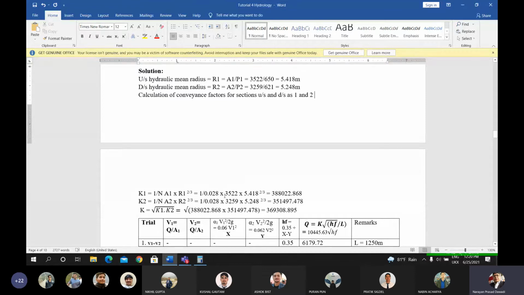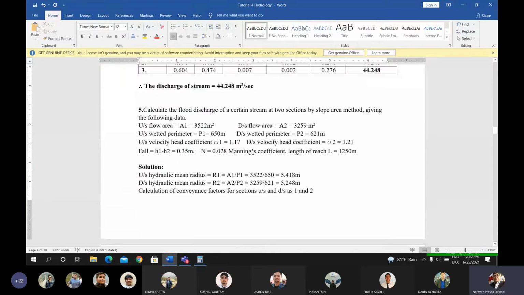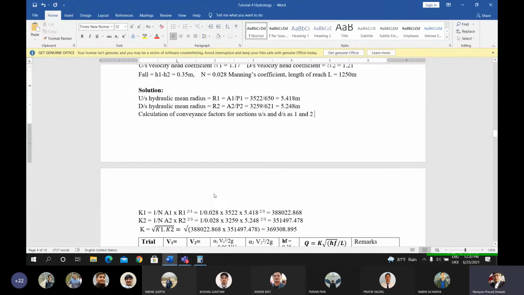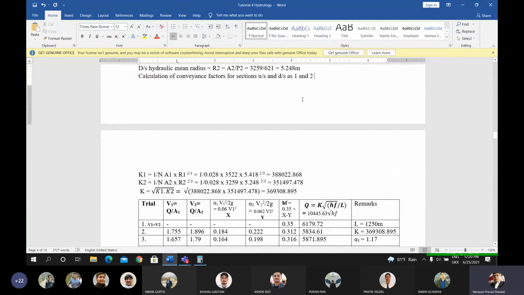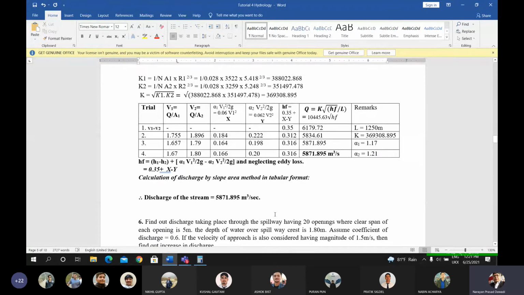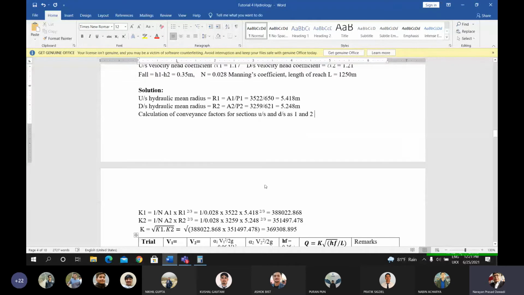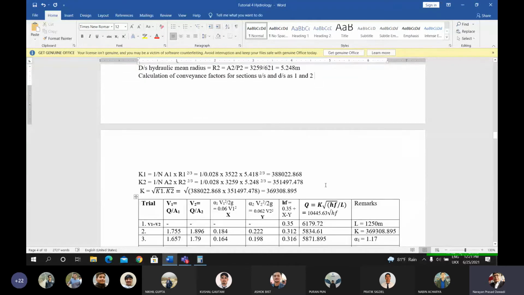The n value is 0.028, so 1 divided by 0.028 into A1, which is given in the question as 3522, into R1, calculated here as 5.418, power 2 by 3. You will get the conveyance factor for section 1 as 388,022.868.